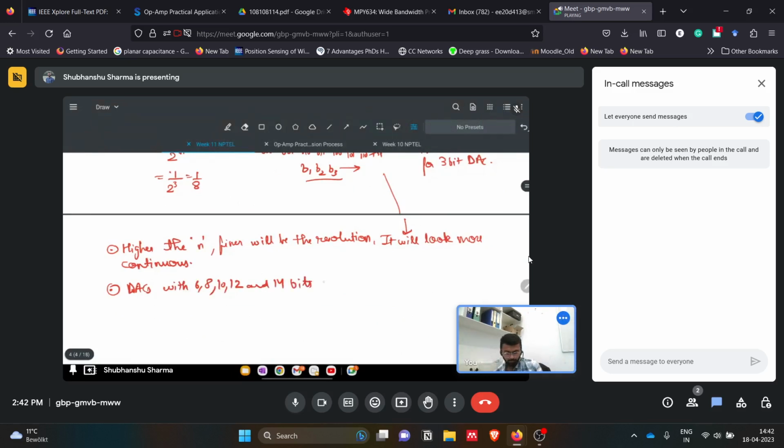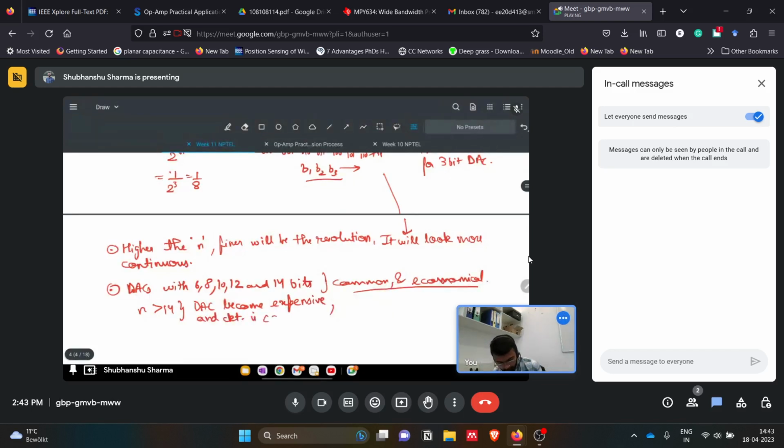These are common and economical also. If you keep on increasing the n bits above this, for n greater than 14, the DACs become expensive. Also, the circuitry becomes complex.